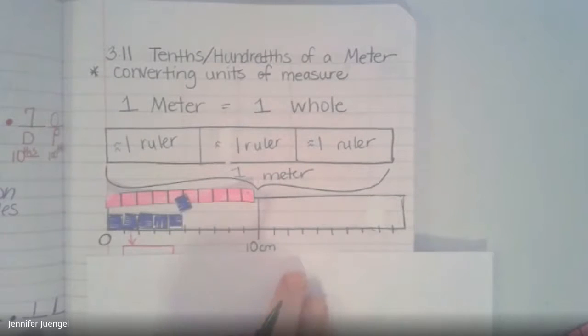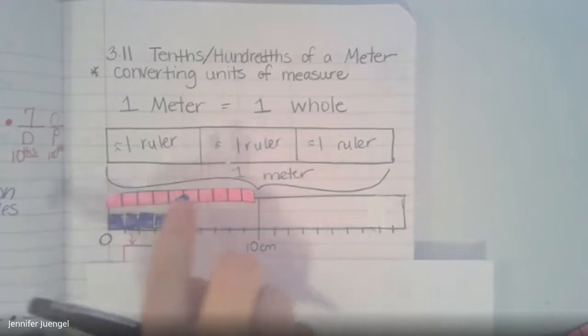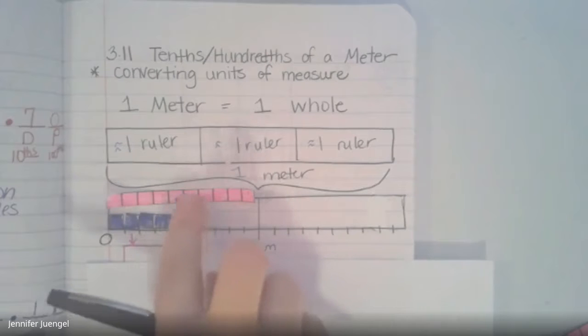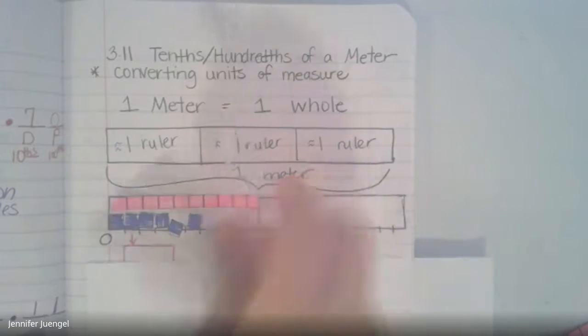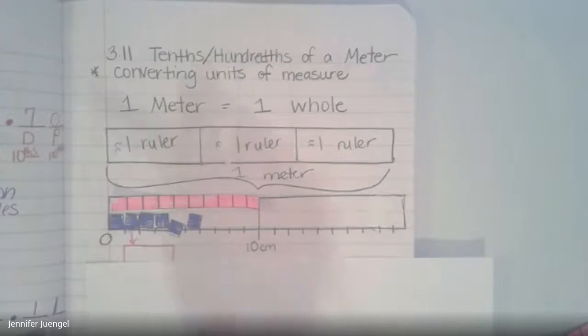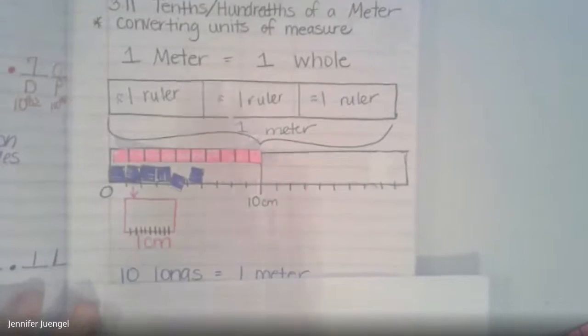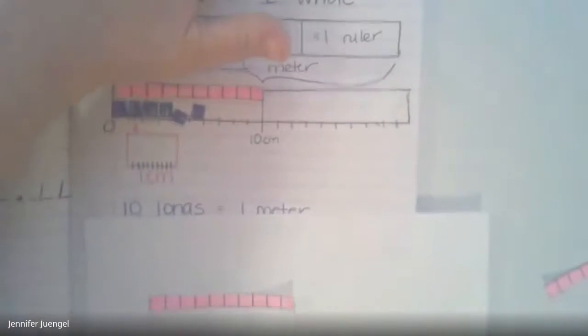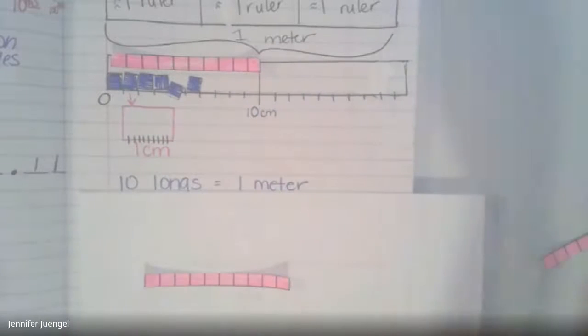We can use what we know about conversions to recognize that one 10 stick, one long that has 10 parts in it, is one fraction of our meter stick. So we have found that 10 longs is how long it takes to go the whole length of the meter stick.